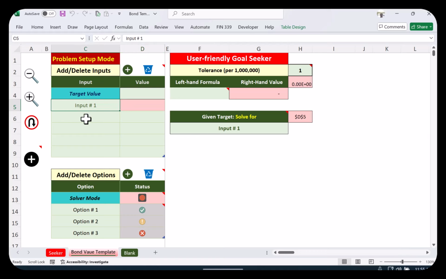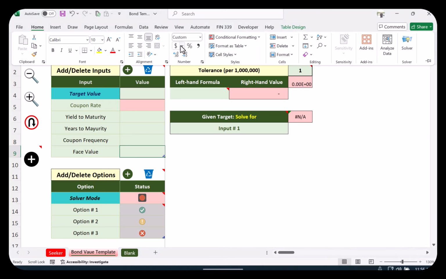So let's name them. I'm going to do the coupon rate and yield to maturity right here. And I'm going to say years to maturity, coupon frequency, and face value. Obviously, my face value should have a dollar format just for presentation purposes. Internally, nothing matters.